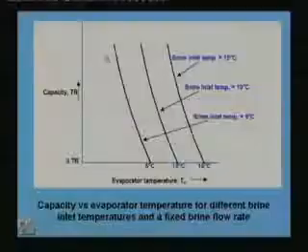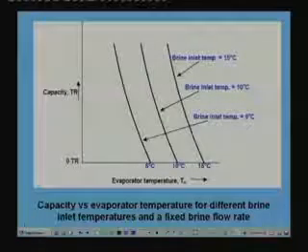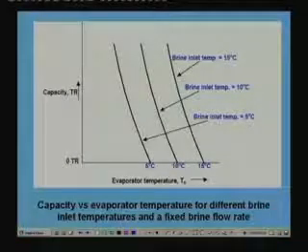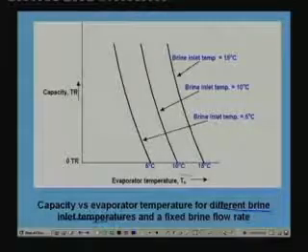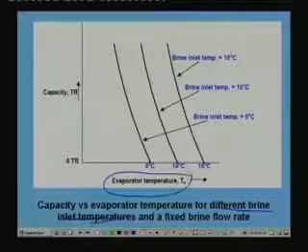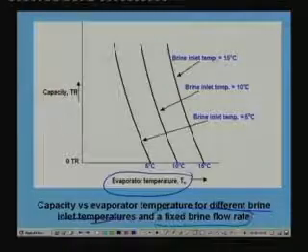So likewise, you can generate data where you can express the evaporator capacity in terms of the evaporator temperatures and brine inlet temperatures. Okay. So if you plot this, you will get this kind of curve. This is capacity versus evaporator temperature for different brine inlet temperatures, at a fixed brine flow rate. Okay. So brine flow rate is fixed, right.